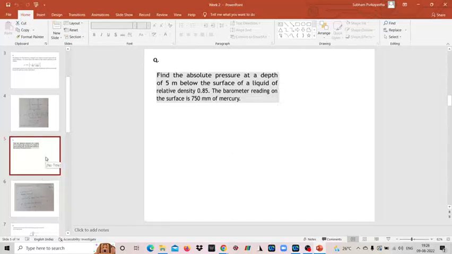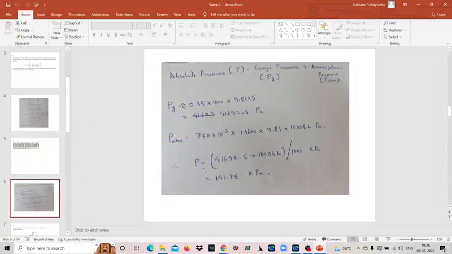In the question it was given that relative density is equal to 0.85. Relative density is more of a general term.